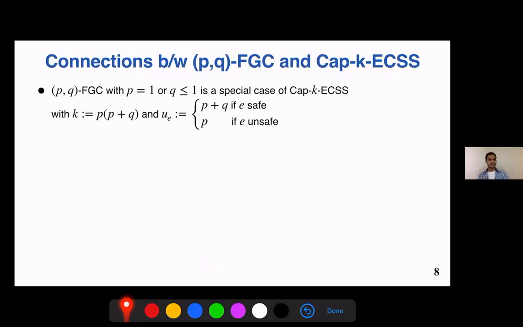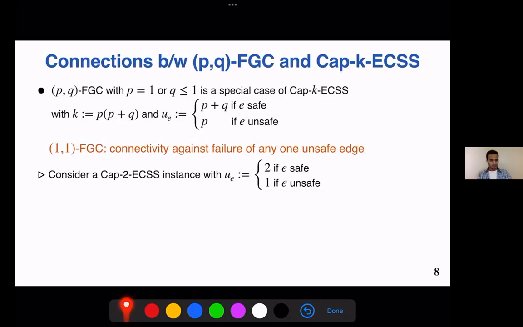To see this, I'll just consider the case of basic FGC, which is (1,1)-FGC. So the instance of capacitated k-ECSS that's generated has k equal to 2. So we have a capacitated 2-ECSS instance, where safe edges have capacity 2 and unsafe edges have capacity 1.